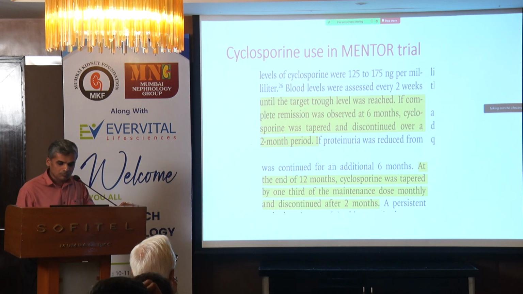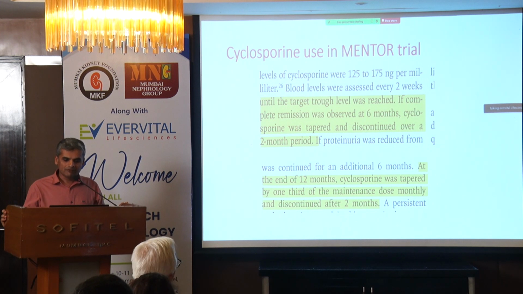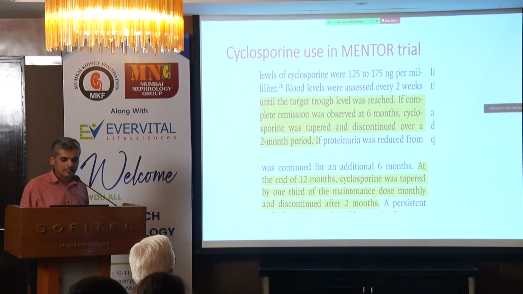Now, how was cyclosporine, the control arm, treated? This is from the MENTOR trial again. Blood levels were assessed every 2 weeks until trough levels were achieved. If complete remission was observed at 6 months, cyclosporine was tapered and stopped over 2 months. Would this be done to most patients in your practice if you happen to use cyclosporine in membranous? Most of us would probably go a little slower in tapering cyclosporine. At the end of 12 months, cyclosporine was tapered by 1/3 of the maintenance dose monthly and discontinued after 2 months.